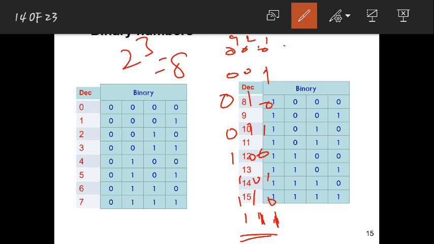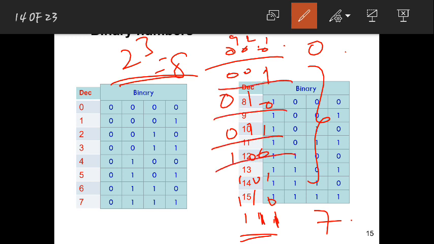Okay, 3 bits. So this is the minimum, starting at 000, which if you convert into decimal you will get as 0, up to 111 as 7. Is that fine? So here 2 power 3 is equal to 8. You are writing from 0 to 7. If you have 3 bits, you can maximum write up to only 7.